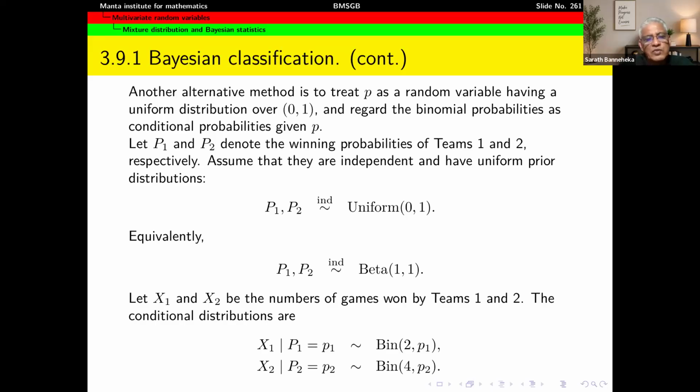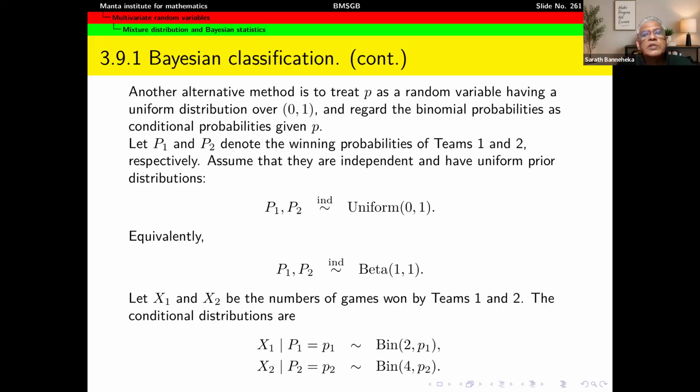So in that sense, that is why we are using beta for P1 and P2. That's why we are going to assume that P1, P2 both have uniform 0, 1 distributions. In other words, they are the same as beta 1, 1 distributions.